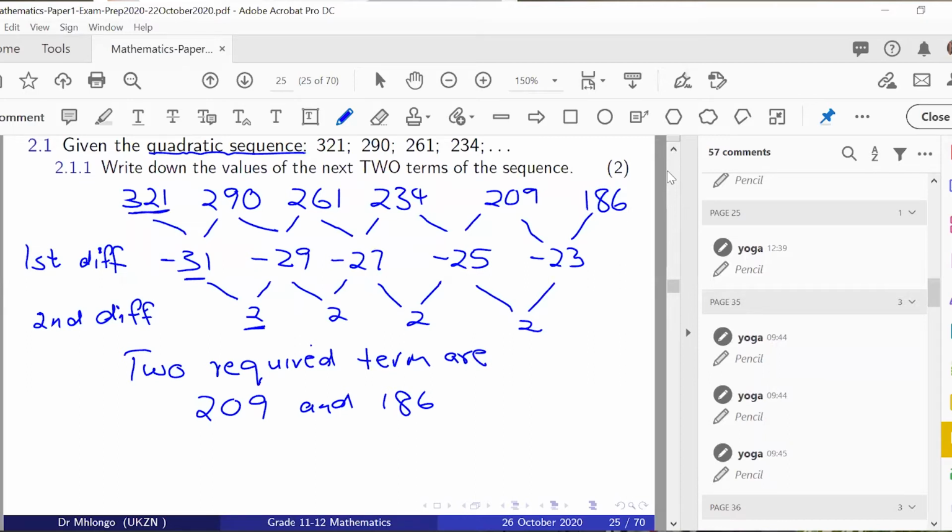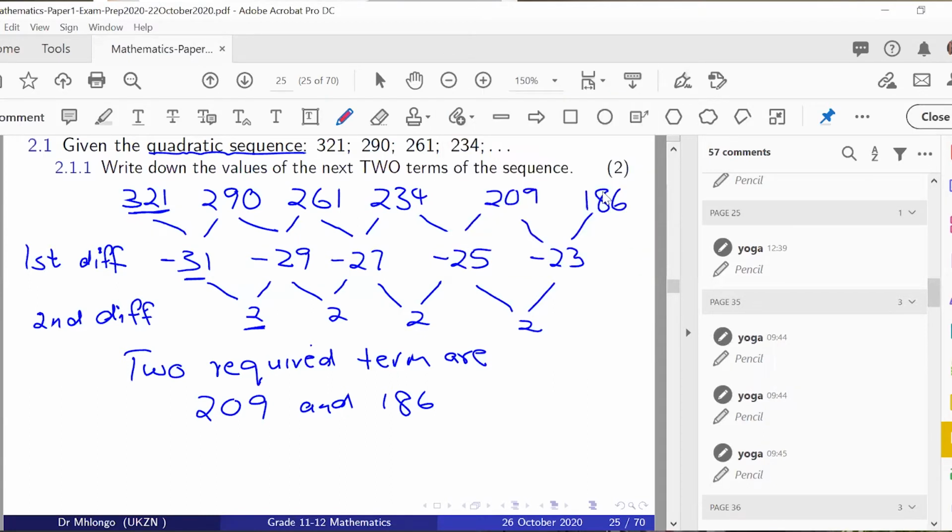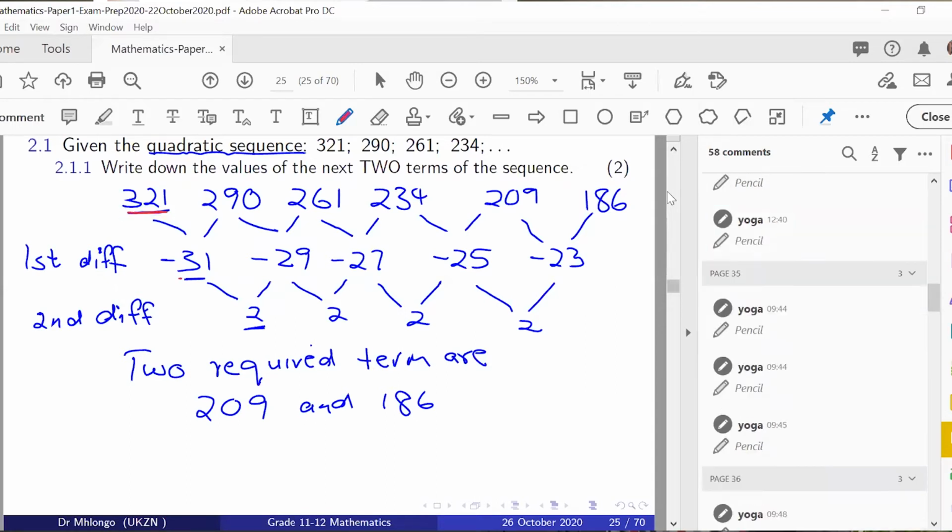These numbers are important. Let me use another color. It's 321, minus 31 and 2.